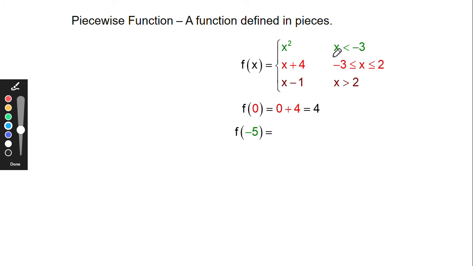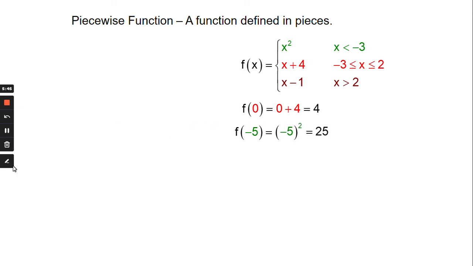On the number line, negative 5 is indeed less than negative 3, so we are going to be using this piece. Where we have x, we put negative 5. So we'll be using x squared. Negative 5 squared is 25.